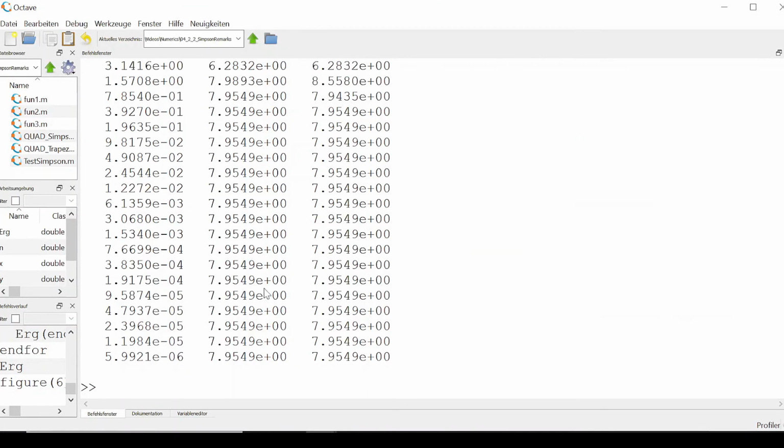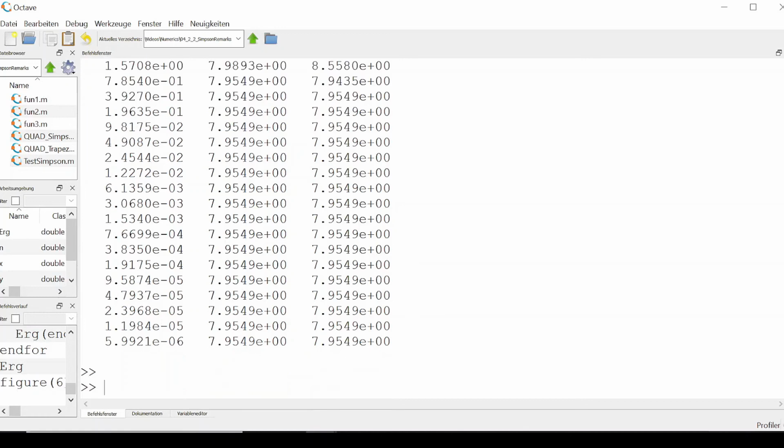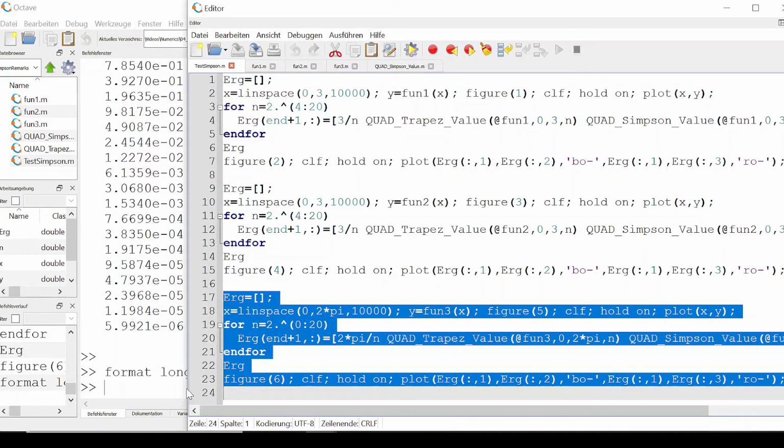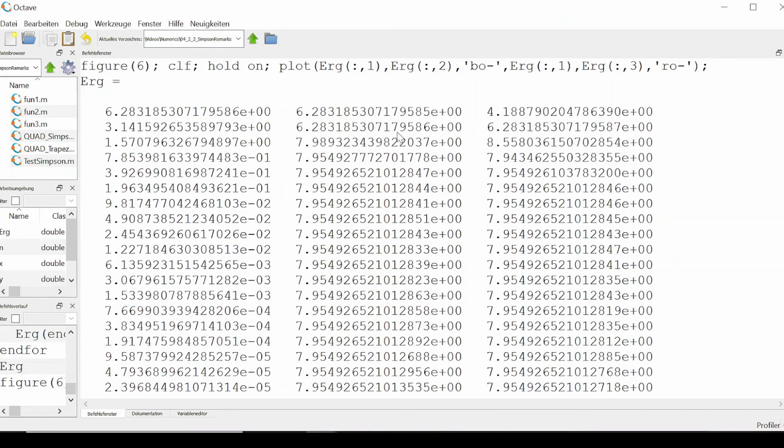We can also study here the values, but we have only 4 digits after the decimal point. So let's run the code again. And we are here. What do we see? The correct value is 7.9549265 and so on, and this 8 here in the third to the last position.